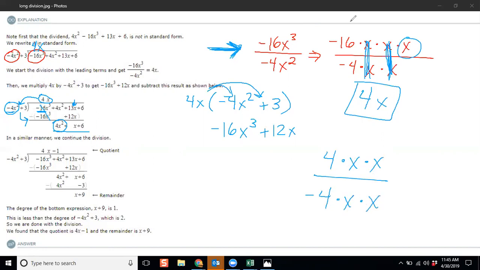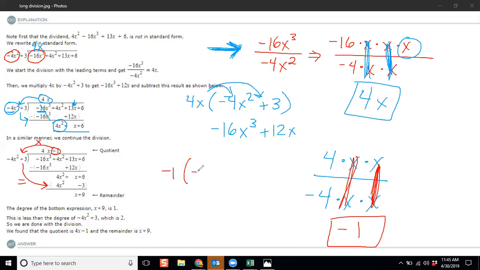So the x squareds cancel each other out, and 4 divided by negative 4 is negative 1. And that's where this number comes from. Once again, I'll take this number times that, and it will equal this line right here.